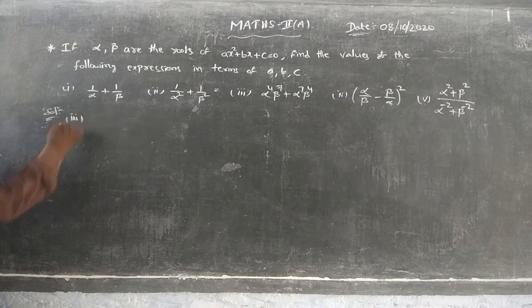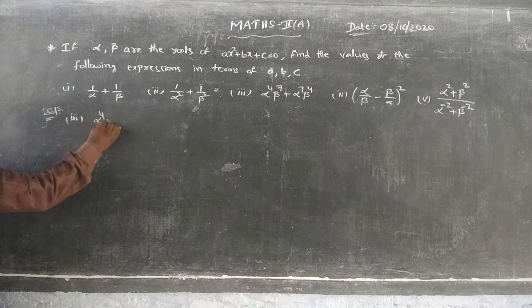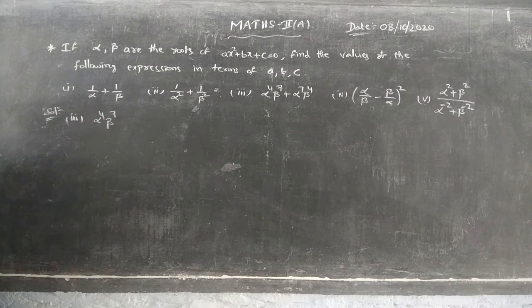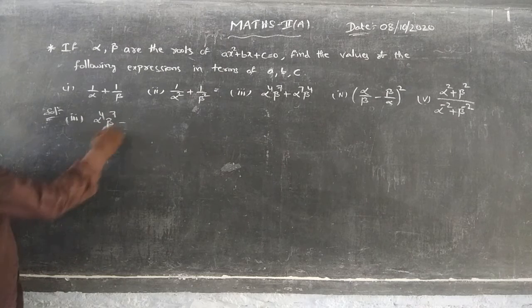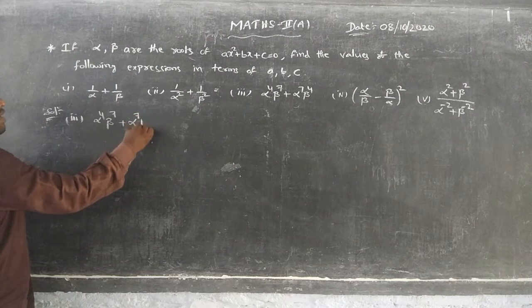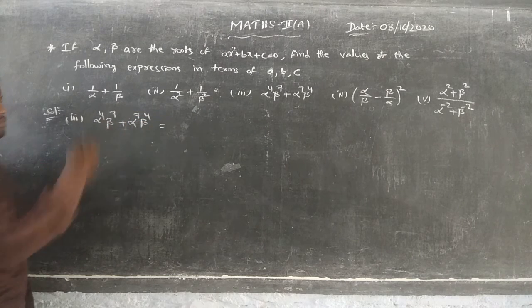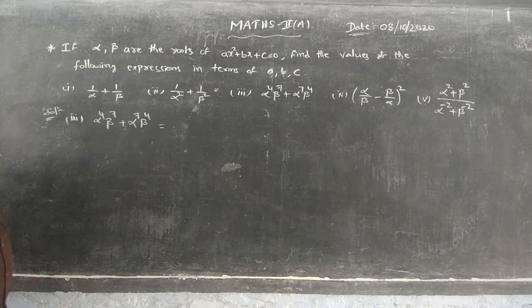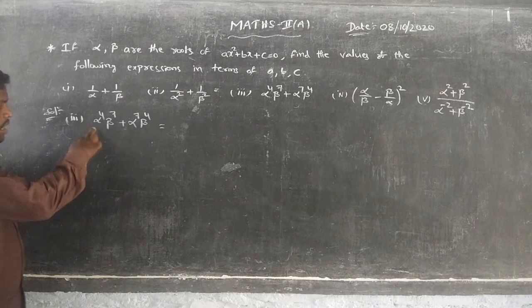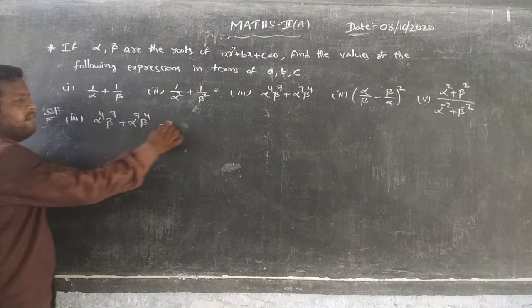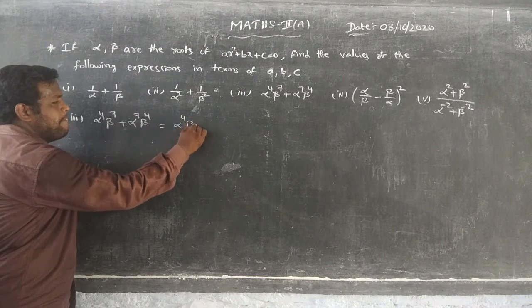What is the third one? Alpha power 4 beta power 7 plus alpha power 7 beta power 4. In this expression, what are the common terms? Alpha power 4 beta power 4 is a common term.